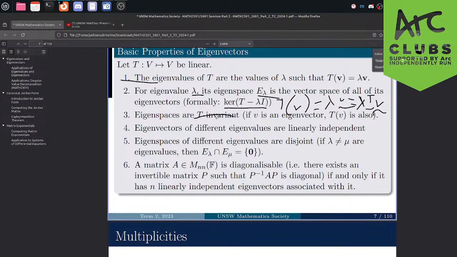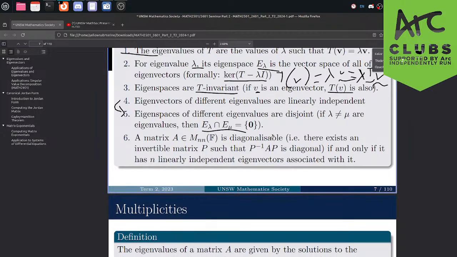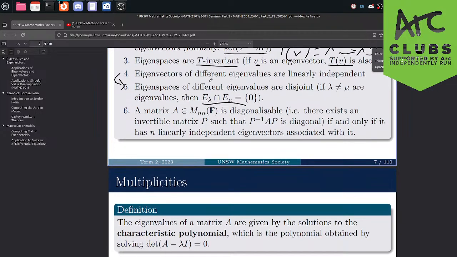Eigenspaces are T invariant, if you remember how we defined it. That is, if v is an eigenvector, T of v is also an eigenvector. And eigenvectors of different eigenvalues are linearly independent. A consequence of this is that eigenspaces of different eigenvalues are disjoint, so we get this property. This means you can actually direct sum them.